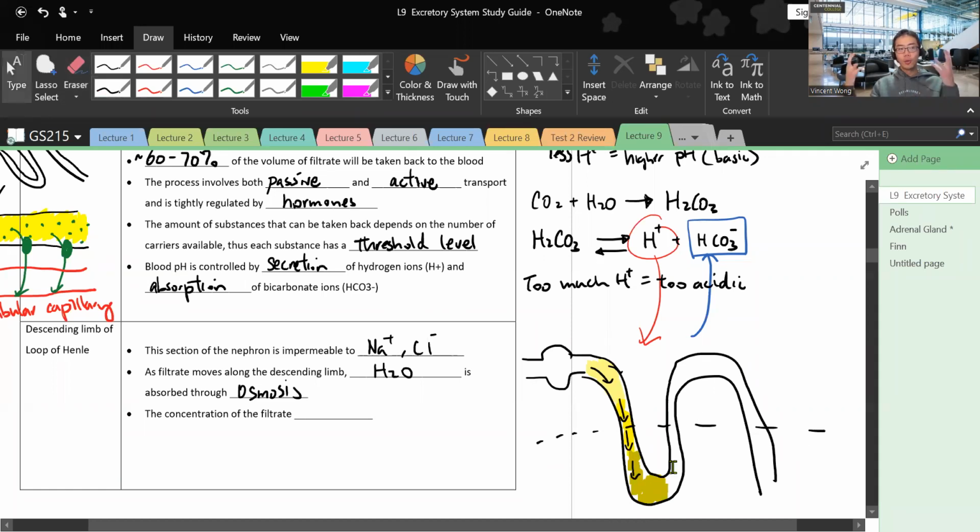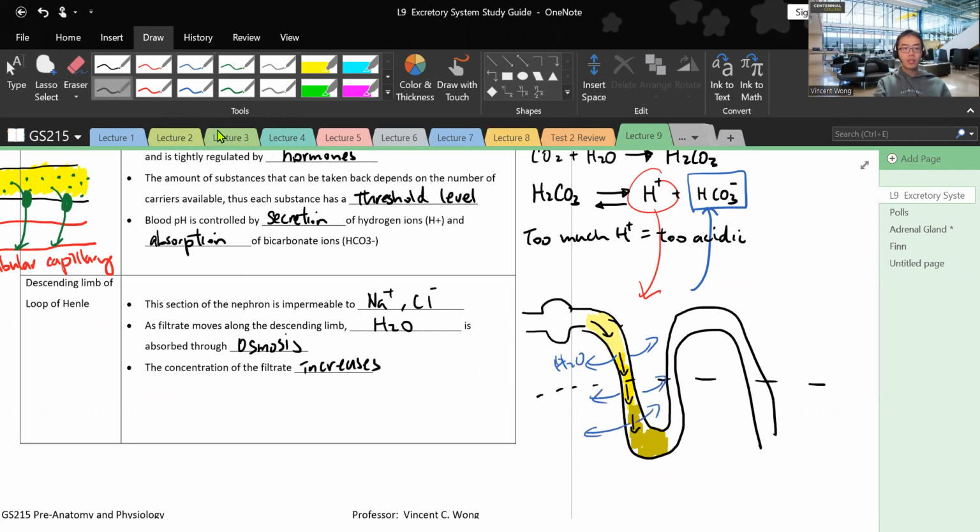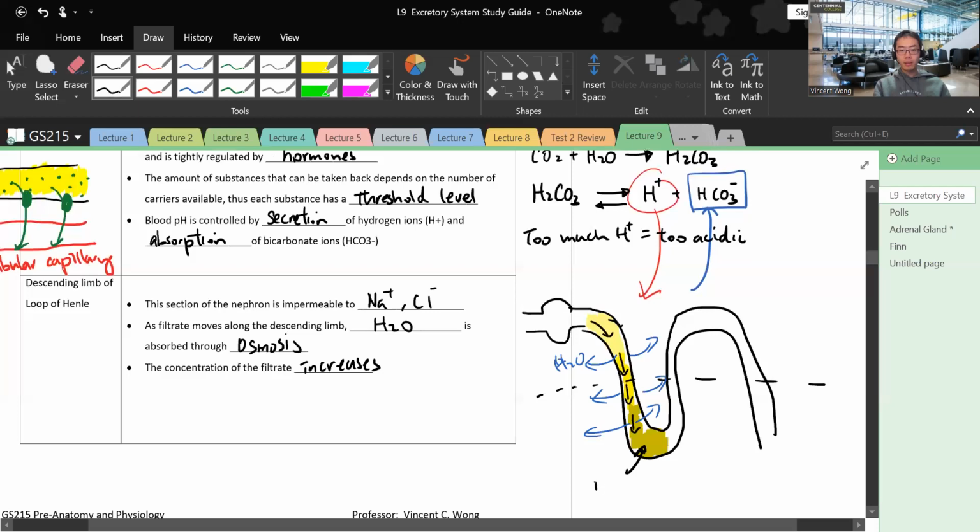All that salty environment will help suck the water out of your nephron. The concentration of filtrate increases. So you're taking water out as you go down. It is the most concentrated at the bottom of the loop.